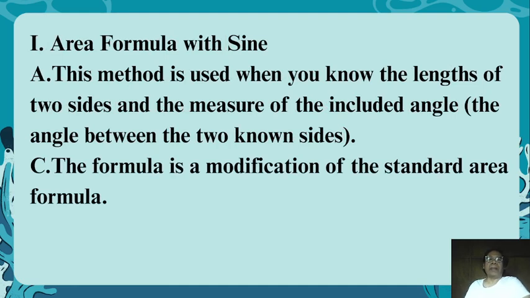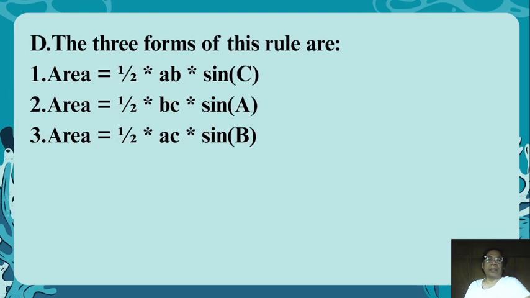Area formula with sine. This method is used when you know the lengths of two sides and the measure of the included angle, the angle between the two known sides. The formula is a modification of the standard area formula.